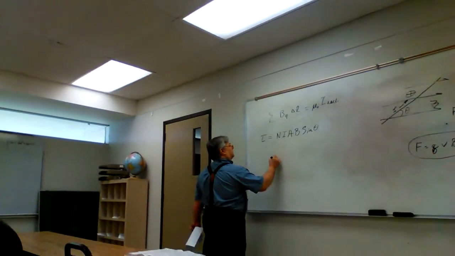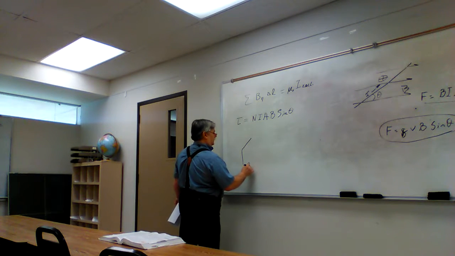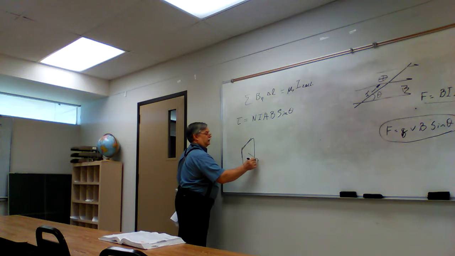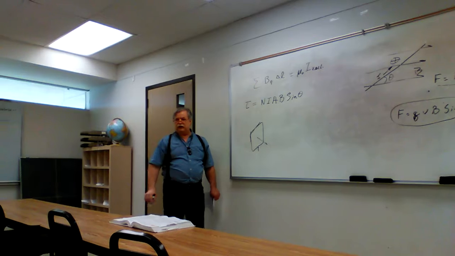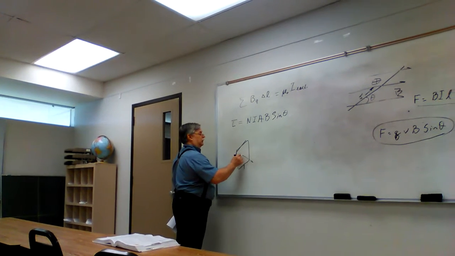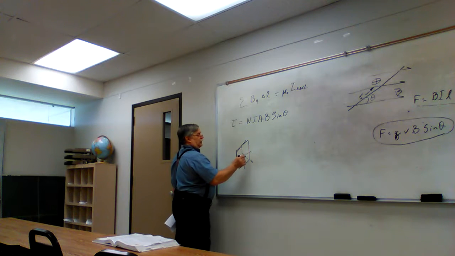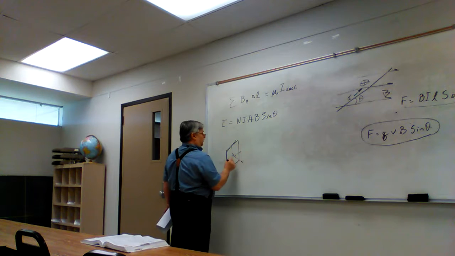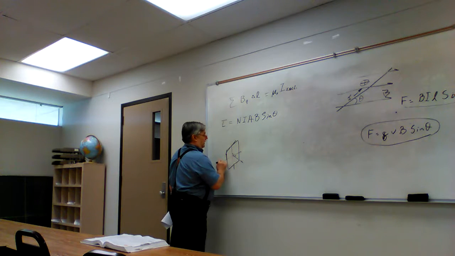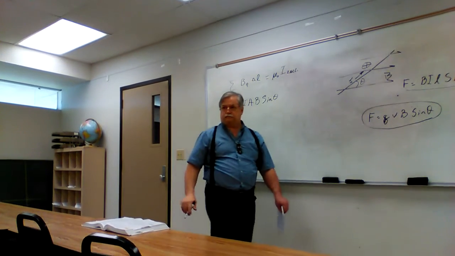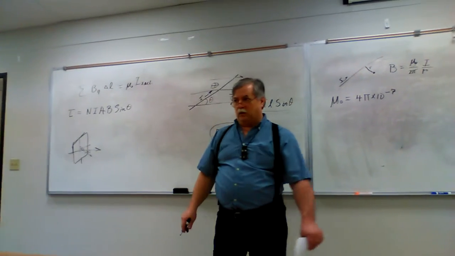So if you have the loop looks like that, imagine a vector sticking straight out perpendicular to the face of that loop. And the angle theta here will be between that vector and the magnetic field. Okay? That's important.